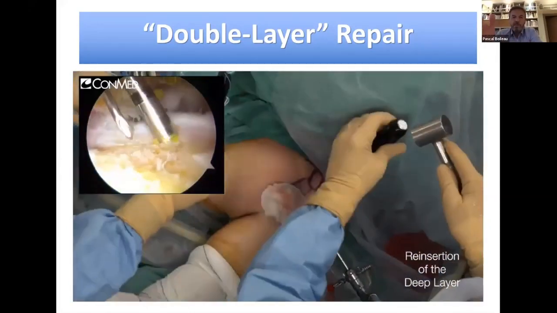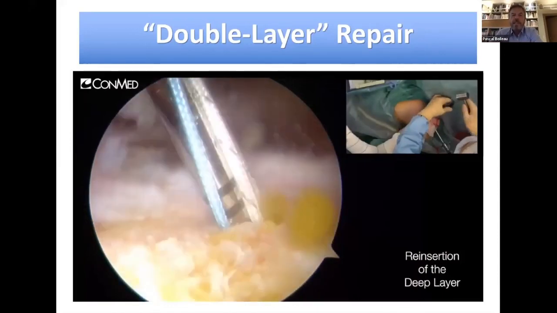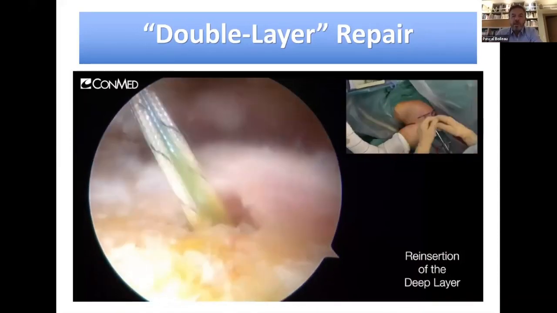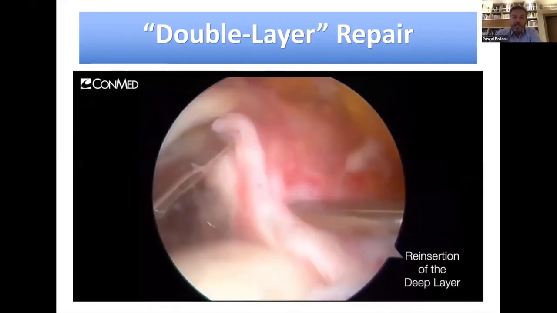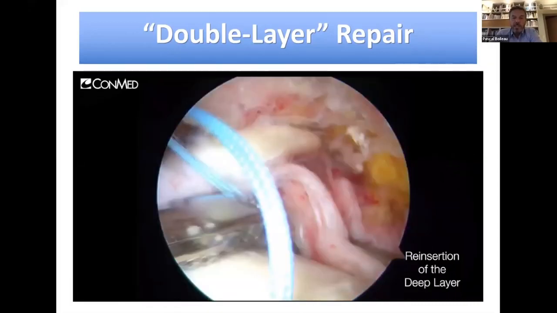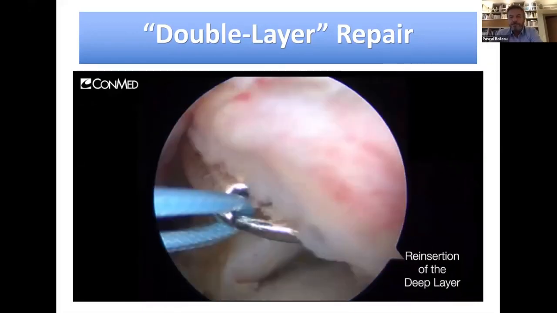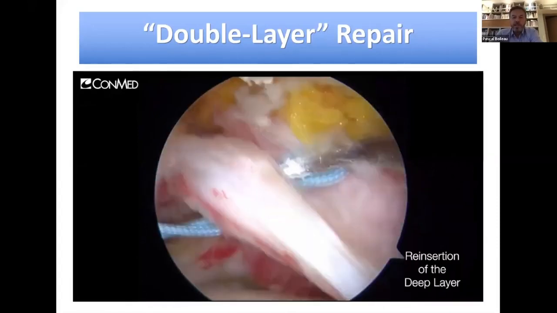Now you can put an anchor immediately close to the cartilage here, and you can do your first row, which is the first layer repair. You're going to take the deep layer. Here you see, I'm taking only the deep layer. I bring the suture inside the joint here, and I'm going to make a loop to repair the cuff, the deep layer here.